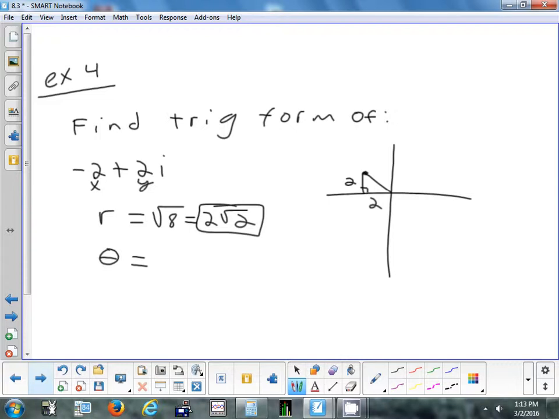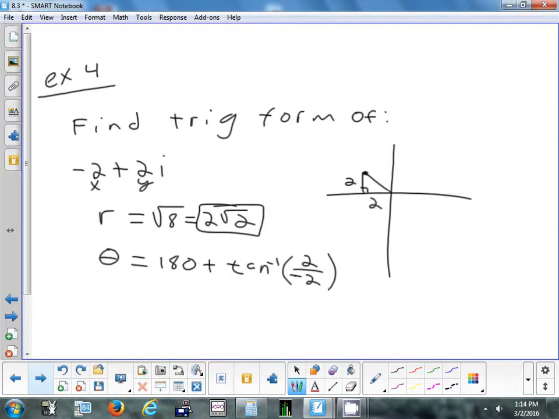Okay, now my angle. Is this one of the quadrants where I need to add 180? Yes. So it's 180 plus inverse tangent of, what's y? 2. And x? Negative 2.